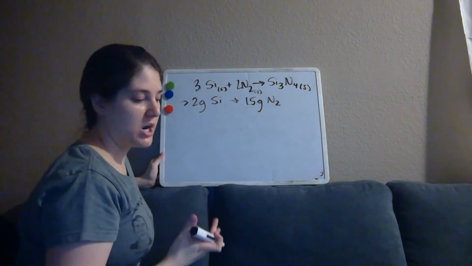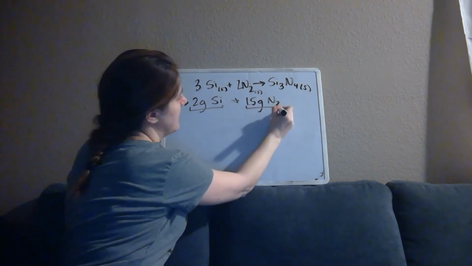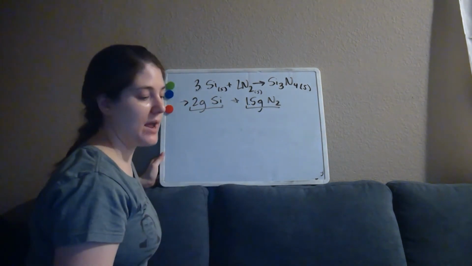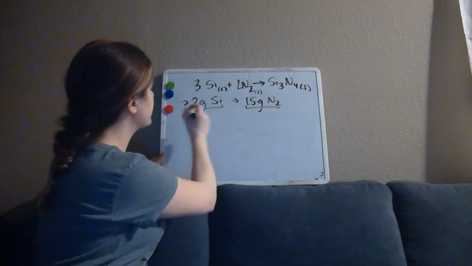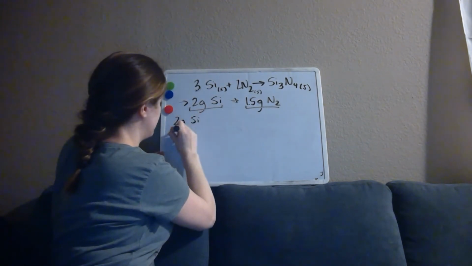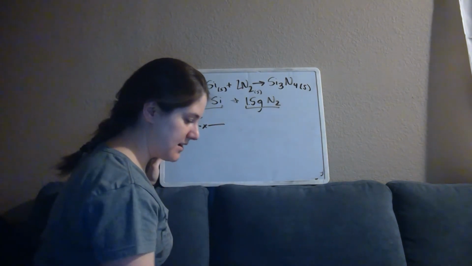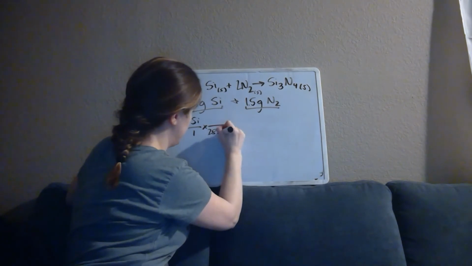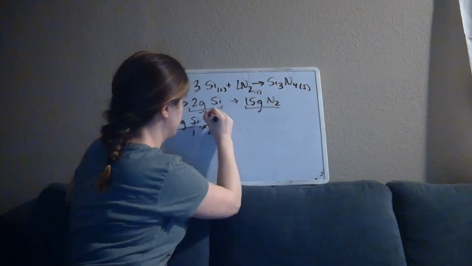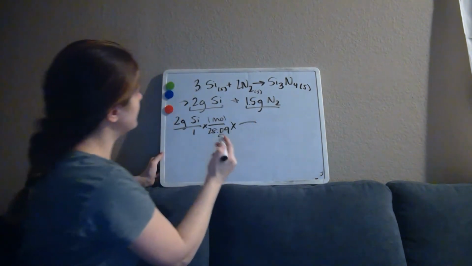So the way we would determine this is to figure out how much product each of these could theoretically make. So if we're starting with 2 grams of silicon, 2 grams silicon times the molecular weight of silicon, which is 28.09 grams per 1 mole. That will get us to moles of silicon times their ratio.